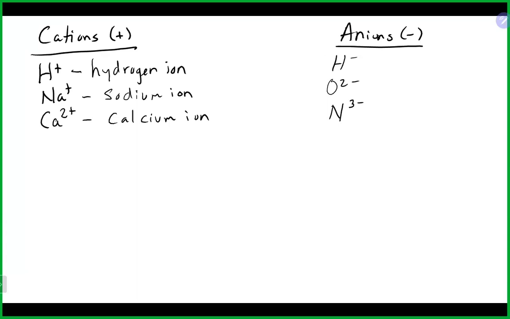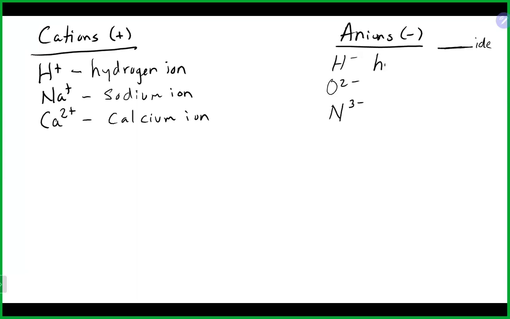When we name them, we use part of the element name, drop the last part of it, and sometimes a little bit more than the last part, and replace it with IDE. So if it's a negatively charged ion, you take the element name, drop the last part, and put IDE.